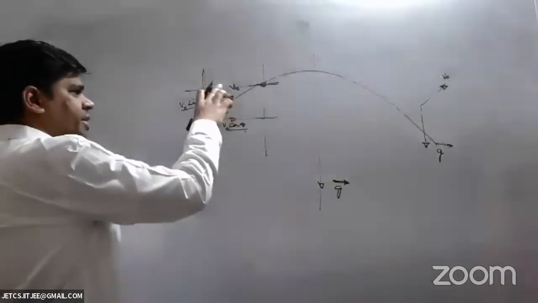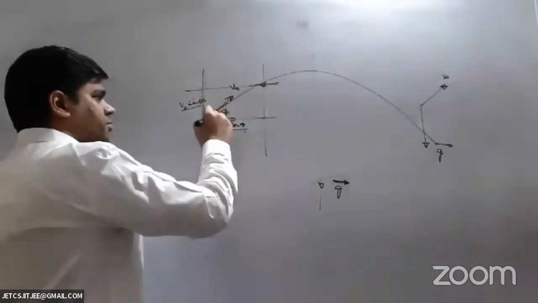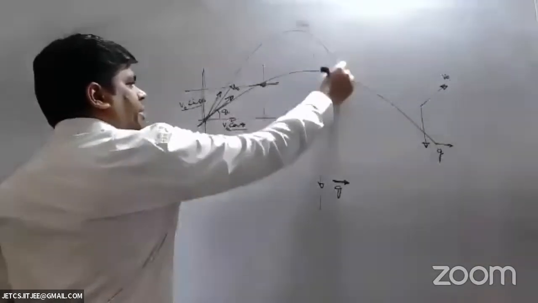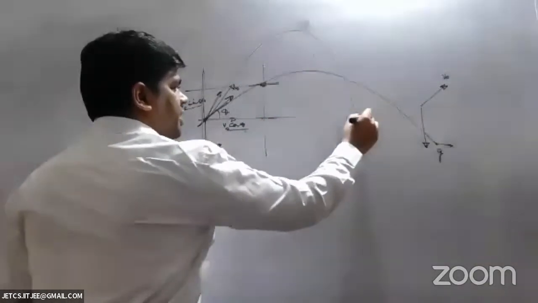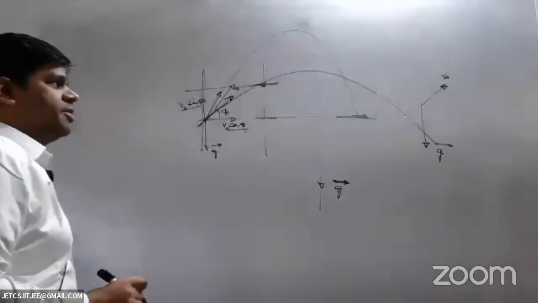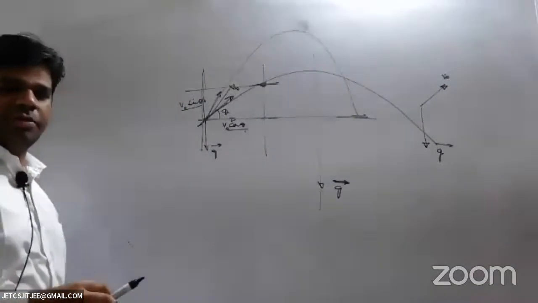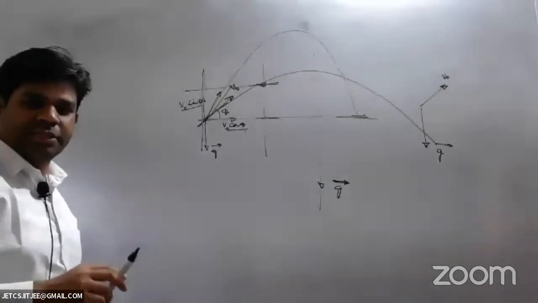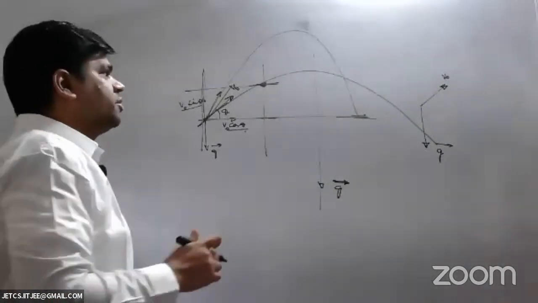As I go on changing the angle, my path changes with the nature of the path remaining the same, which is parabolic. So it again becomes a parabola with a different vertex and with a different axis, but still the axis remains parallel to the g bar.